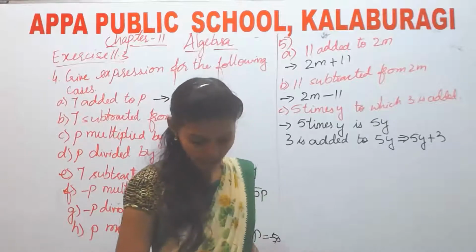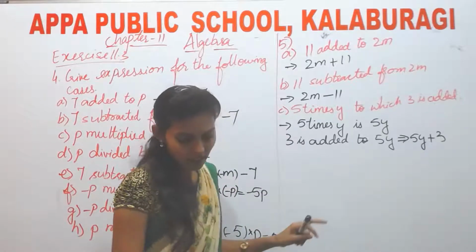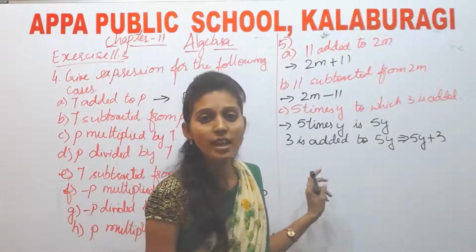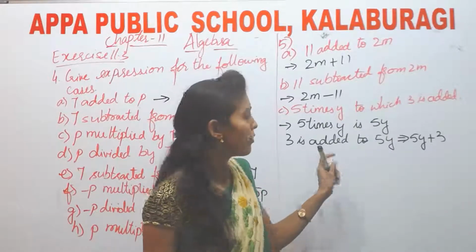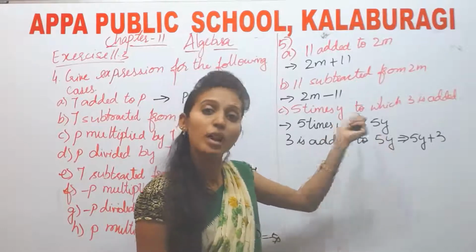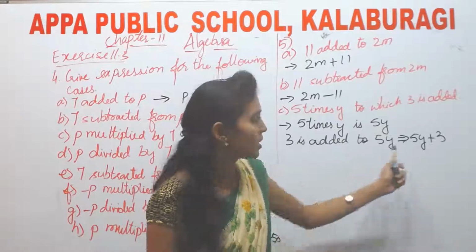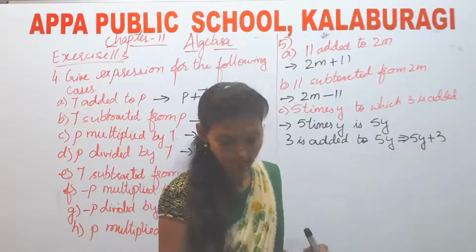Very easy. Now, 5 times y, from which 3 is subtracted. That you can do by yourself now. 5 times y is 5y. From 5y, 3 is subtracted. That means 5y minus 3 you will get, right?